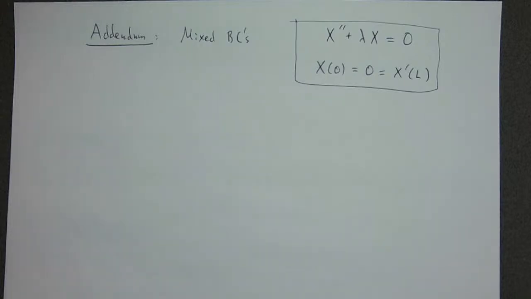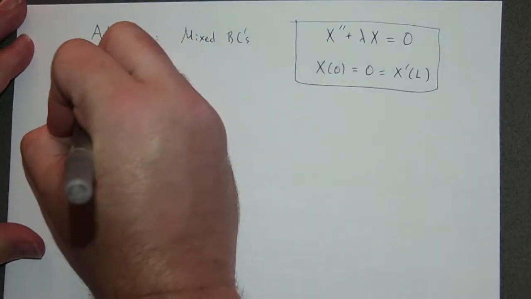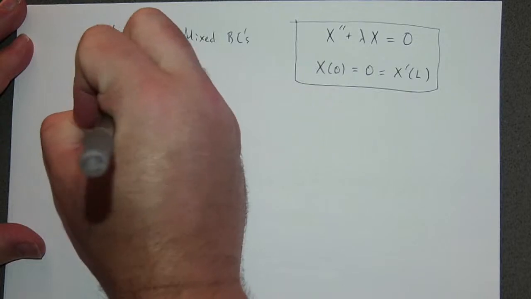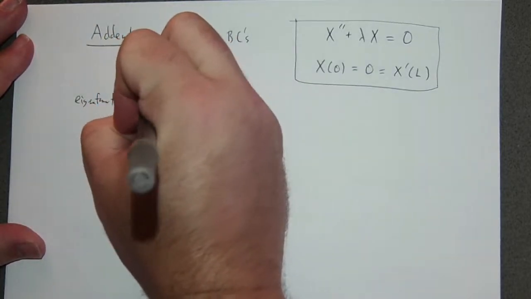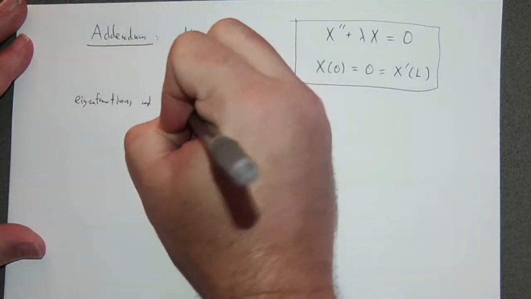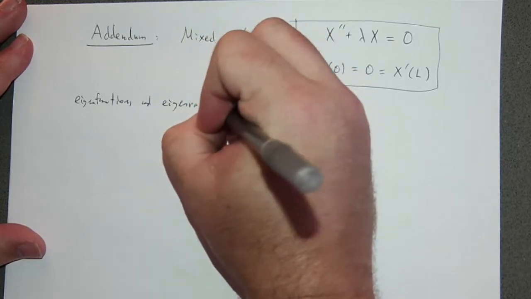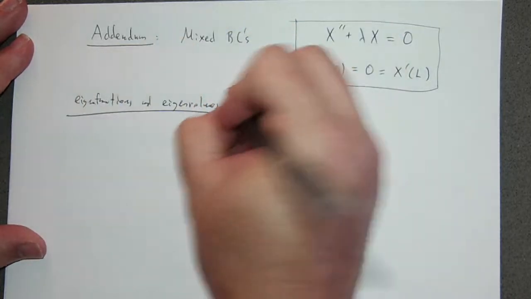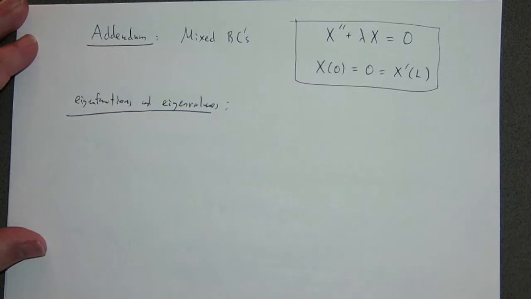So this is what we want our canned eigenfunctions and eigenvalues for. And it turns out that I get eigenfunctions and eigenvalues that look as follows.